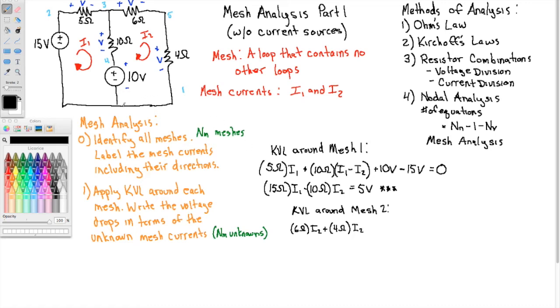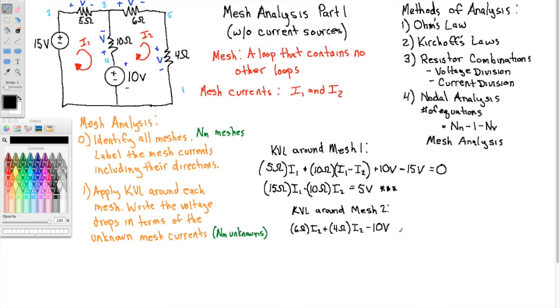That puts me at node 1, and I'm going to come back up through the shared branch in the middle. So notice the polarity of the battery. This is now an increase because I'm going up that shared branch. An increase of 10 volts, so I need a minus 10 volts there. That puts me at node 4. And I'm going in the direction now of I2, so I want the drop measured in this polarity.